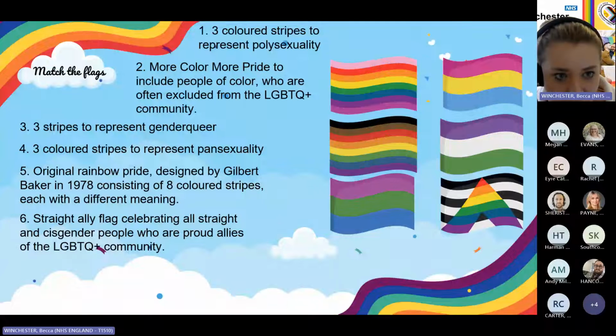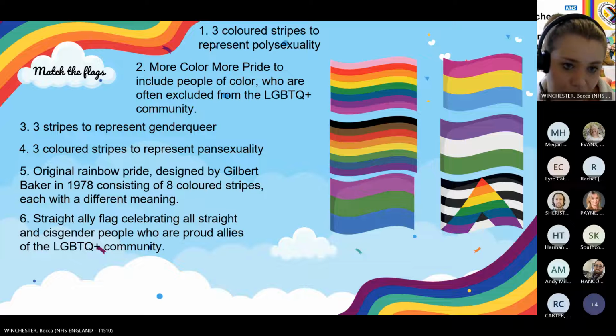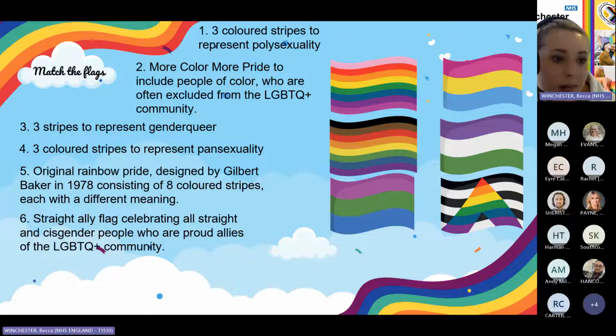Number 2, the more colour, more pride, to include people of colour who are often excluded from the LGBTQ plus community. Number 3, 3 stripes to represent genderqueer.